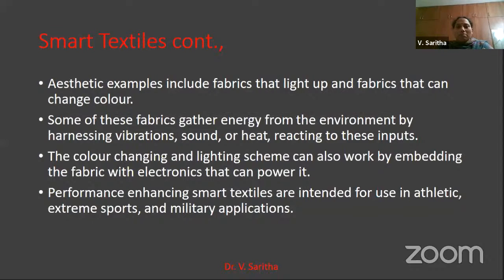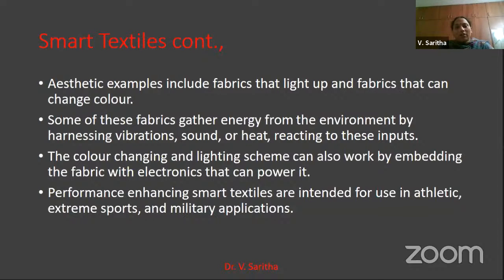During some particular period of time it will be pink, and some time later it will change to red, then black. It could be designed accordingly. If you observe songs in movies or dance shows on television, you can see light ups coming. So these all can be a part of smart textiles actually.